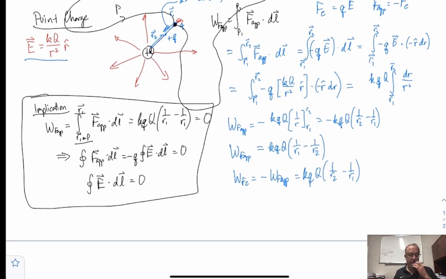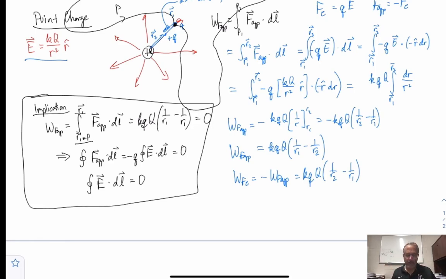Okay? Now this is going to become a little more familiar. We're going to use this one in a bit. This is actually one of what's called Maxwell's equations. We just developed the integral form of it, but it tells us a lot about how electric fields work and everything.